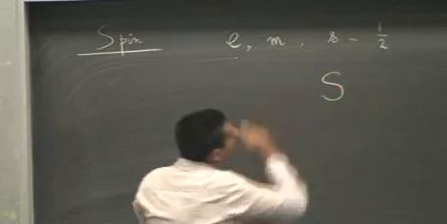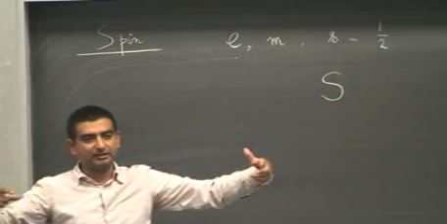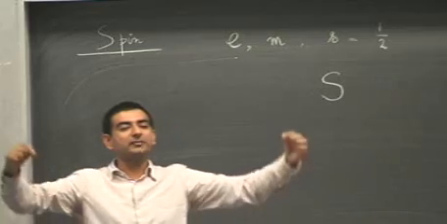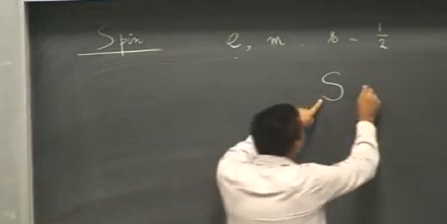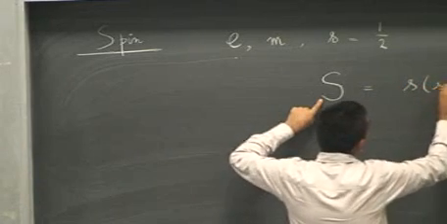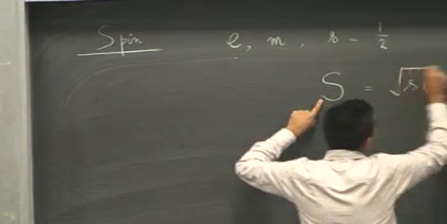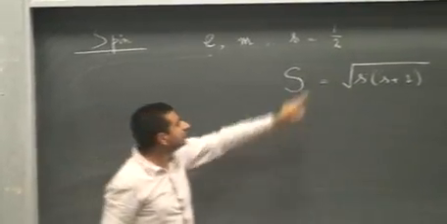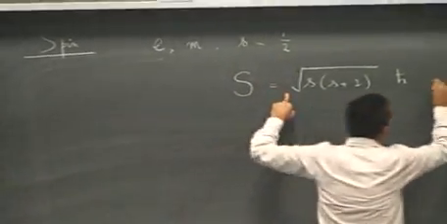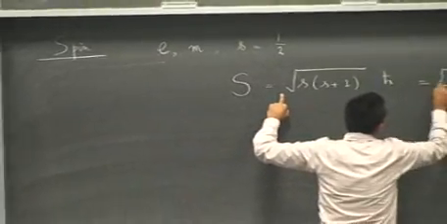And the spin angular momentum: we had an orbital angular momentum capital L. We also have a spin angular momentum, which is given by square root of small s into s plus 1 times h bar. Since small s is half, this turns out to be square root of 3 over 2 h bar.